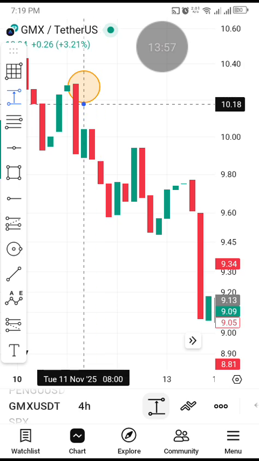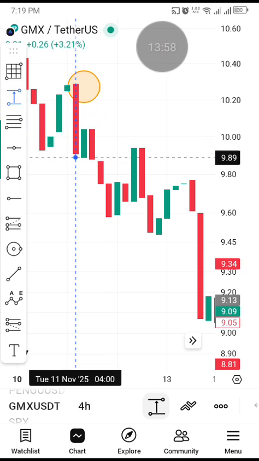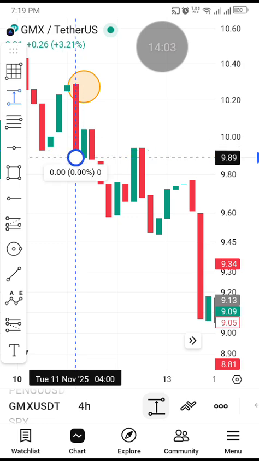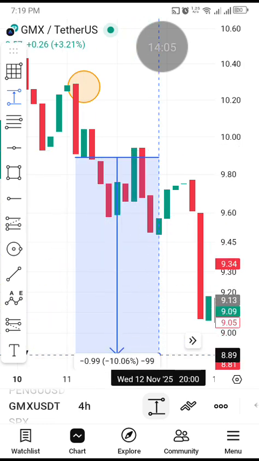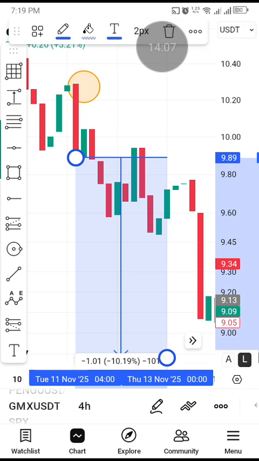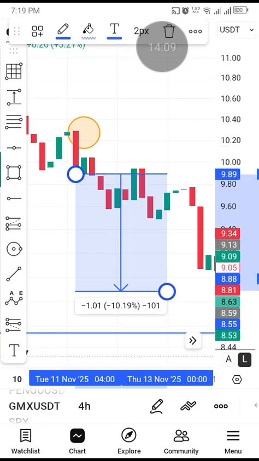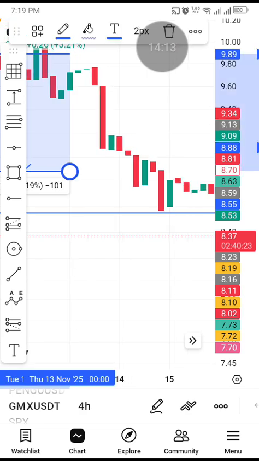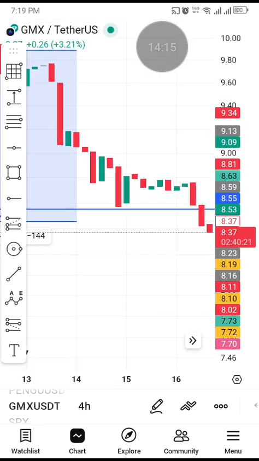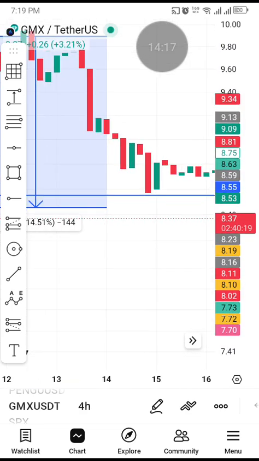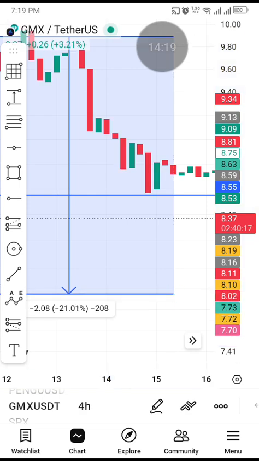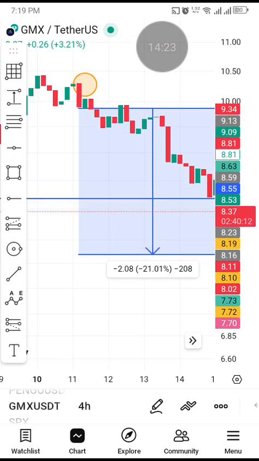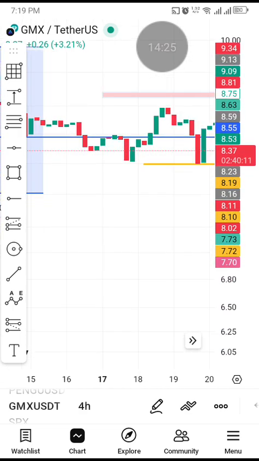Imagine you had entered, maybe let us say you had entered here, then you would have traded that market all the way up to this level, because you can see that we are still respecting what has happened there.